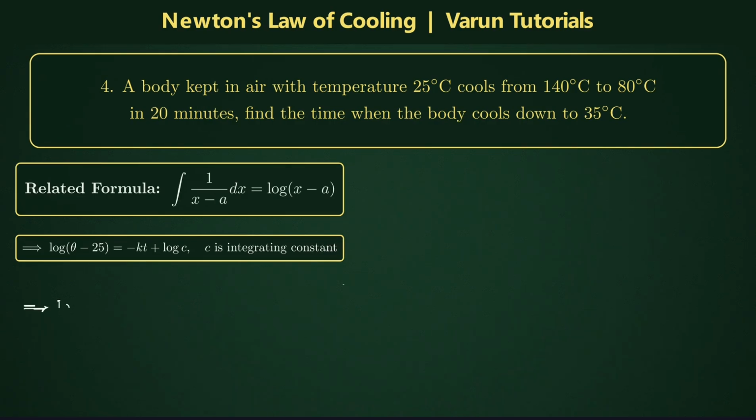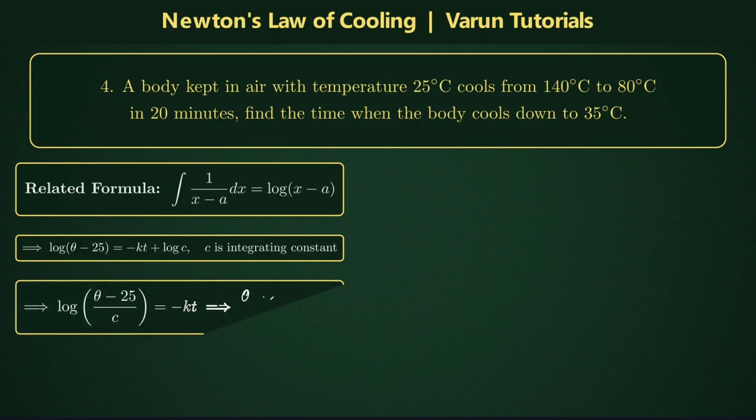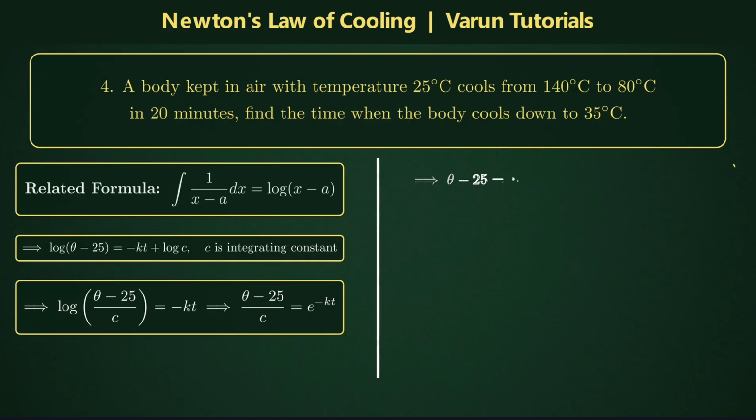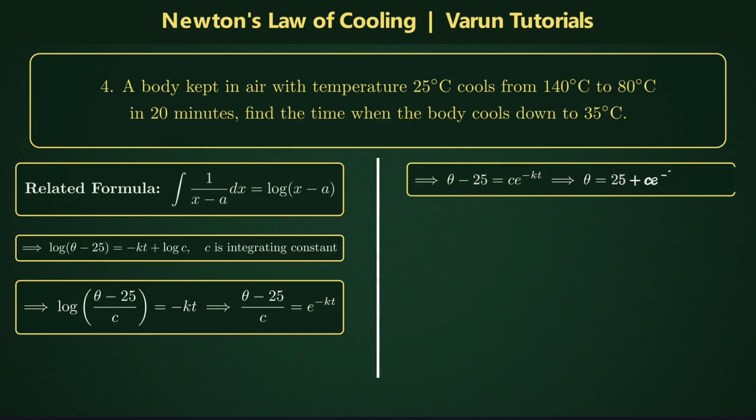Taking the exponential of both sides, we get log of theta minus 25 over c equals minus kt, which gives theta minus 25 over c equals e to the power of minus kt. This simplifies to theta equals 25 plus c times e to the power of minus kt. We label this as equation 2.